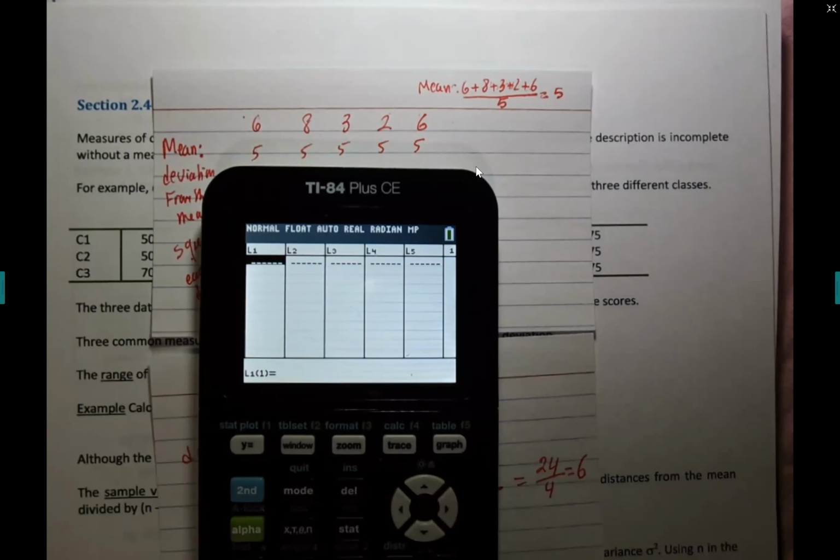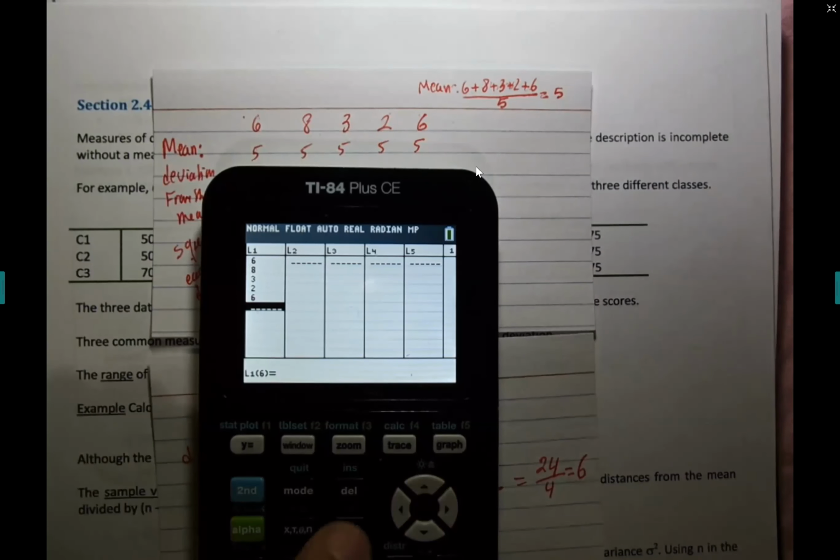And now I'm going to put my data. You're going to like this. So 6, 8, 3, 2, 6, we want the calculator to find the standard deviation. Not only is the calculator going to find the standard deviation for us, it's going to find the mean, the median, etc. All of the things that we learned so far.